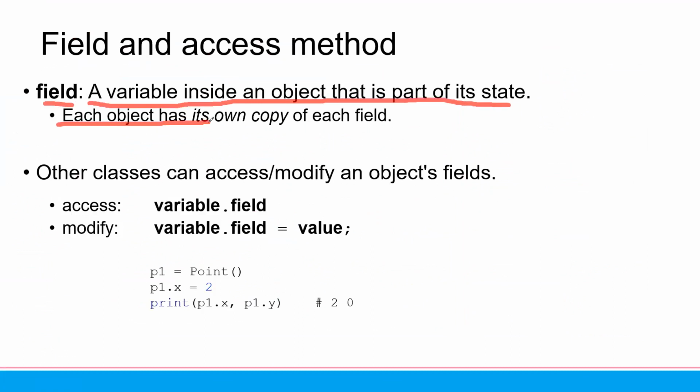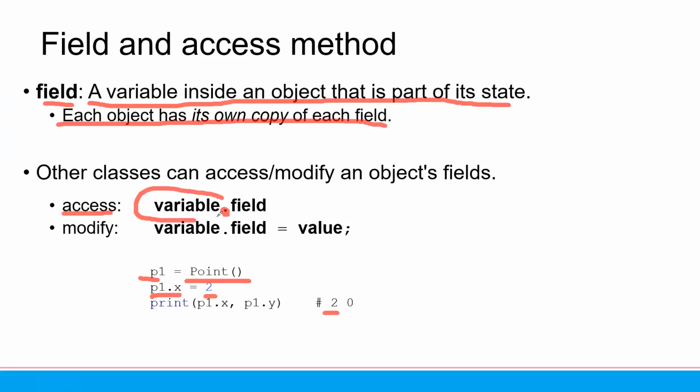Each object has its own copy of its field. So if I have P1, which is the point object, the P1.x is started from 0, and then if I assign 2, it will change to 2. So the way to modify and the way to access the field is using dot.